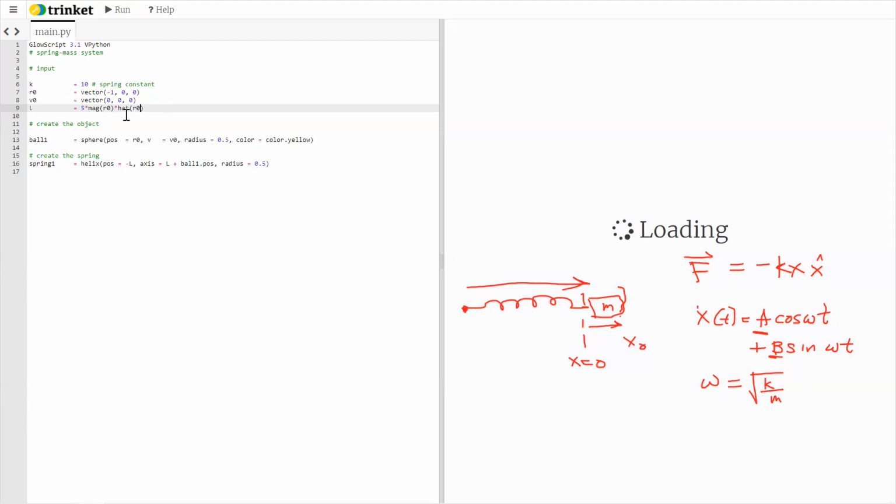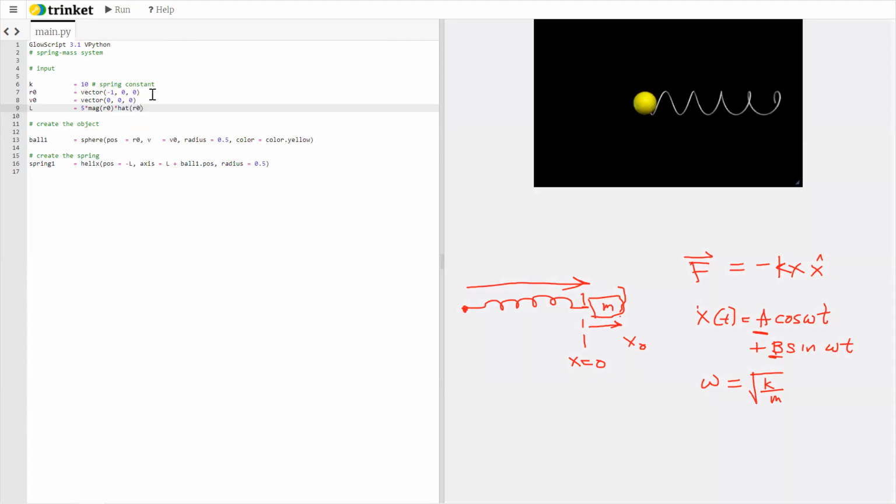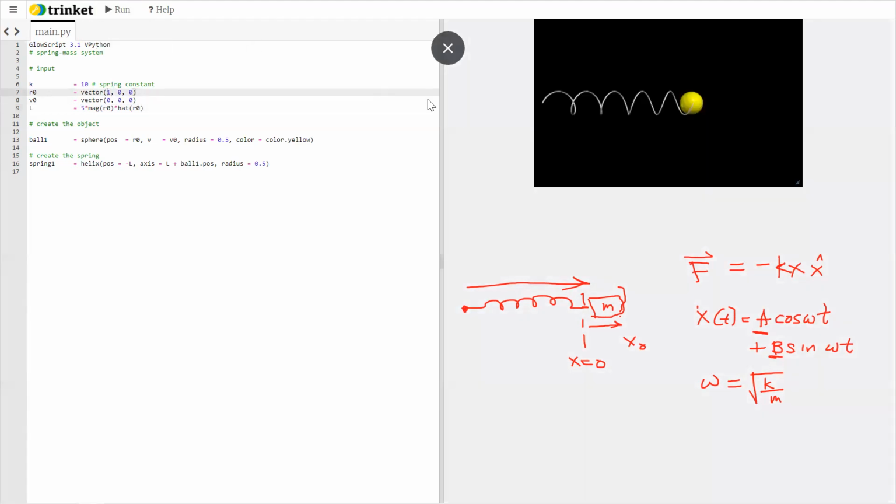If you follow the direction of the displacement, since the displacement here is negative, the orientation of the spring changes. If you make this positive, the orientation is different again.